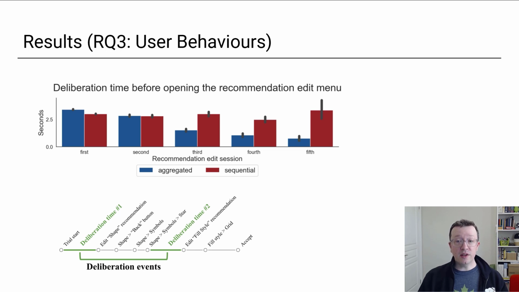But what I want you to notice is that for the aggregated condition, the blue bars, the deliberation time drops as we go from the first to the second to the third command. So this suggests that the aggregated interface is enabling the user to kind of plan ahead the edit actions that they want to perform. Whereas in the sequential case, it stays high for each new command. And this was confirmed with a regression analysis, which you can find in the paper.